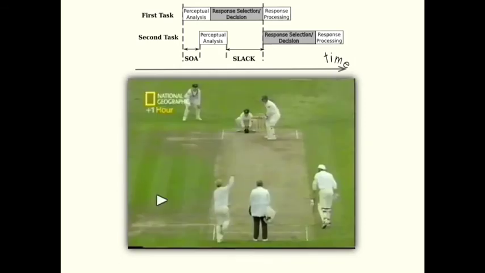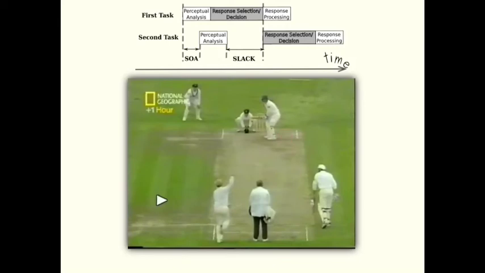If we watch it again in slow motion, you can see how the psychological refractory period works. So the ball will come and it will move in this direction, it will hit the floor about here, and then it will change direction this way. Stimulus 1 is the ball moving to here. The response that the batsman does, he steps to play it here.